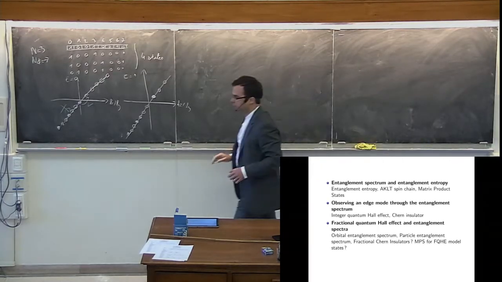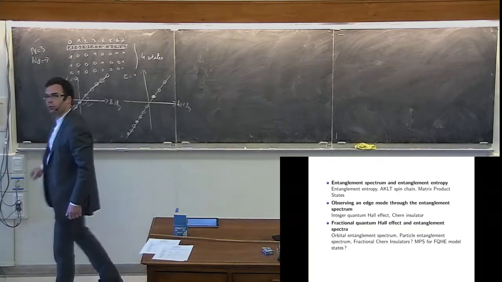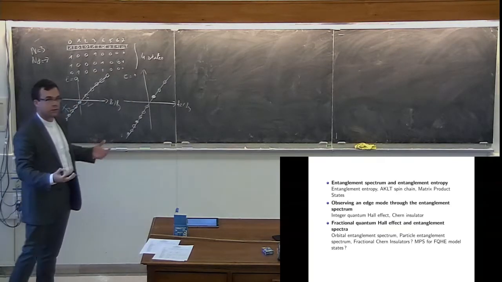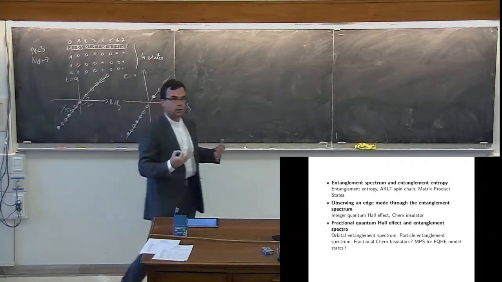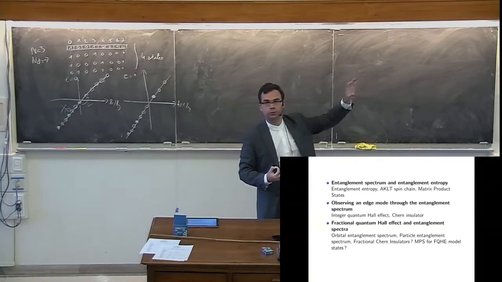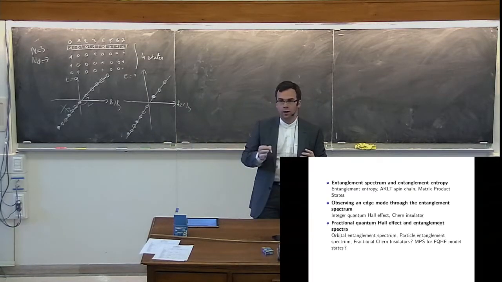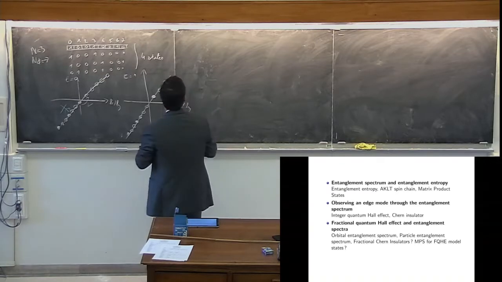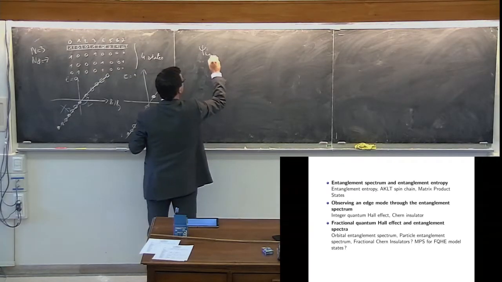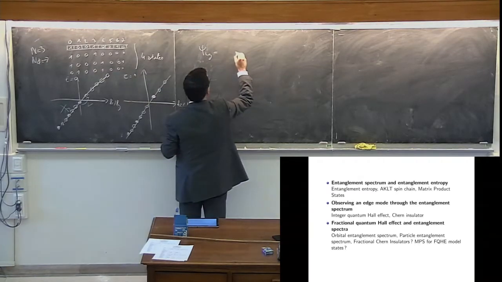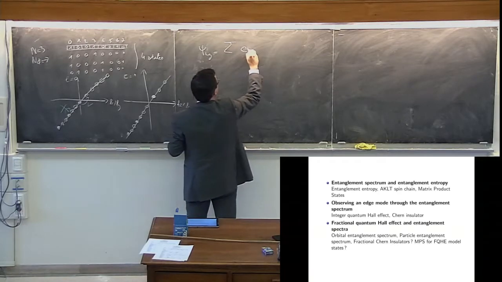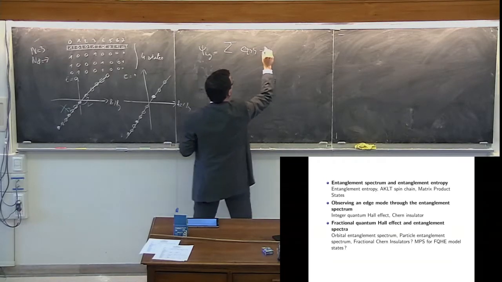So the calculation that we have performed yesterday for the integer quantum Hall effect, meaning to cut the system in real space, you can also do that. It's also doable for the fractional quantum Hall effect. The major problem here is if you take the Laughlin state or any of the fractional quantum Hall states, you have to decompose that on a basis, right?